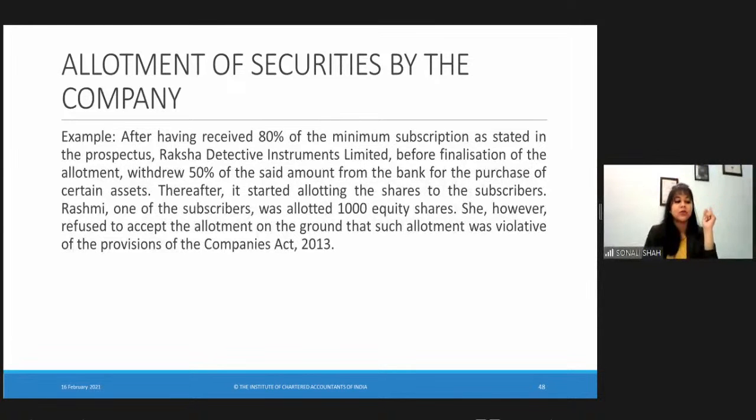If the minimum subscription has not been achieved, the company will have to refund the amount, because the company is governed by the SEBI CDR guidelines, and SEBI CDR guidelines say that at least 90% has to be the minimum subscription amount. Only 80% of the subscription amount has been received. So in that case, the company does not have the authority to allot the shares. Thus the company was in violation in allotment of shares, right?